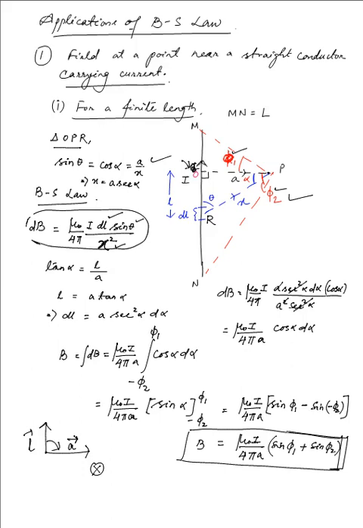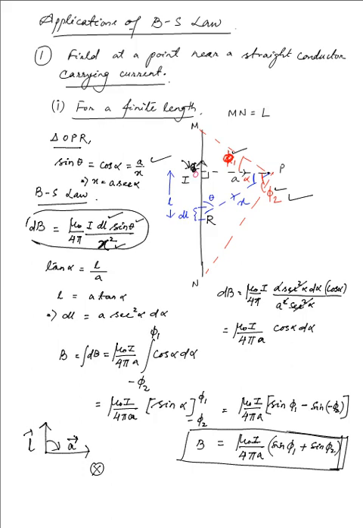Now, if the point P was on the left hand side of your screen, that is on the other side of MN, then the L cross A would have been out of the plane. If it had been on the back side, then L cross A would have been on the left hand side. You can see for yourself by using the cross product rules.